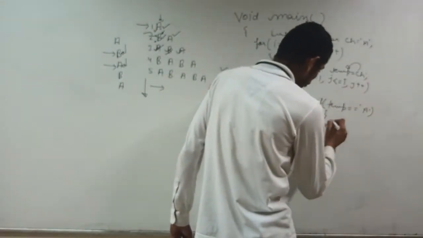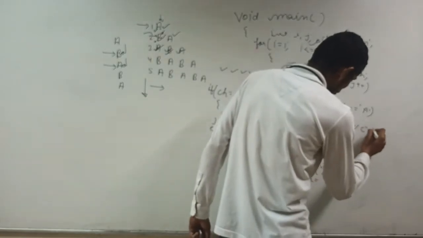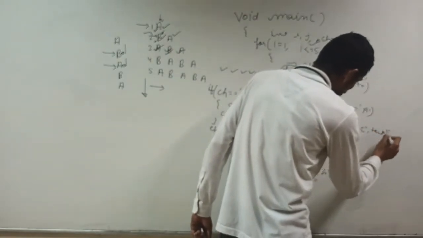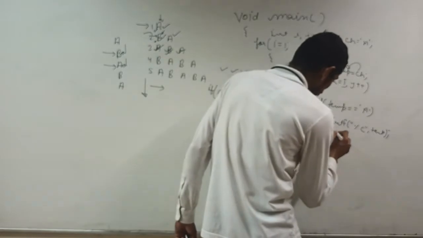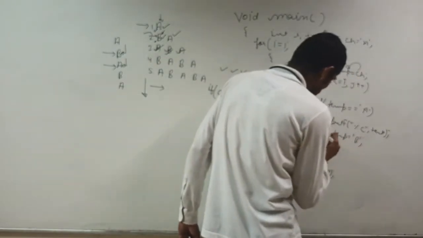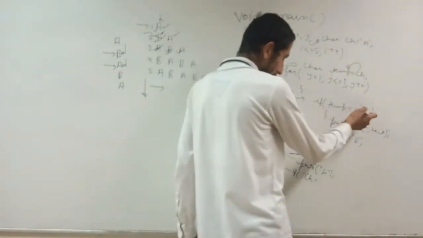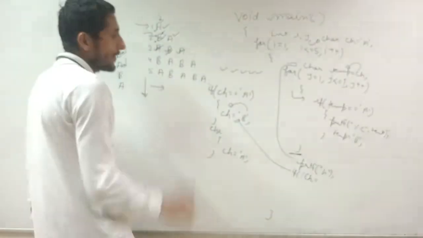You will print temp and you will change the value to B. Why do you do this? You are doing this because if you started printing with A, next time you have to print B.